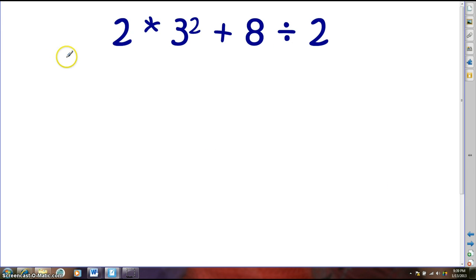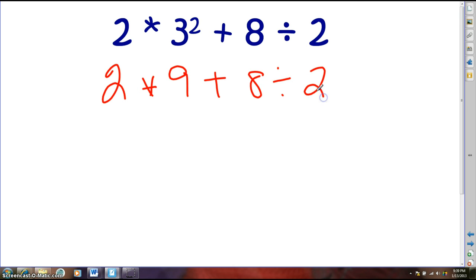And our last one, this time we don't have any grouping symbols, but we do have an exponent. So we're going to do that exponent first. So we do 2 times 3 squared means 3 times itself. So 3 times 3 makes 9 plus 8 divided by 2. All right, so if we look at our grouping symbols, our exponents, we've done both of those.